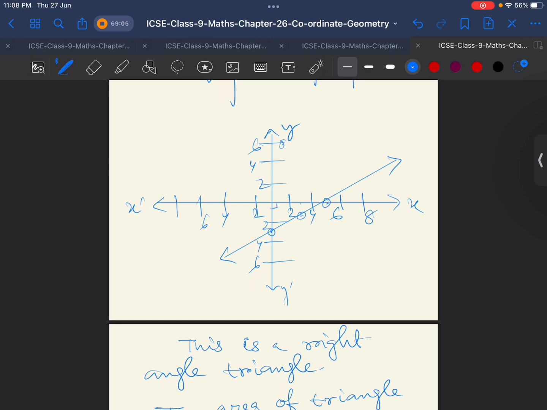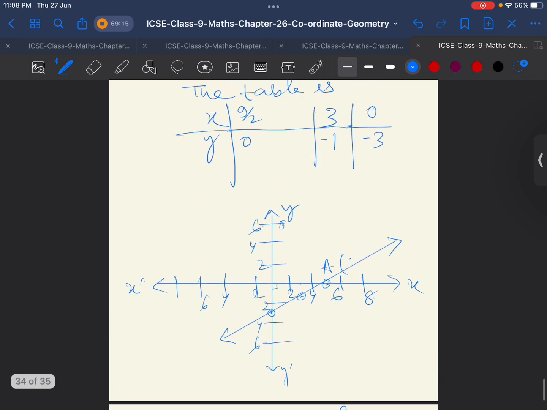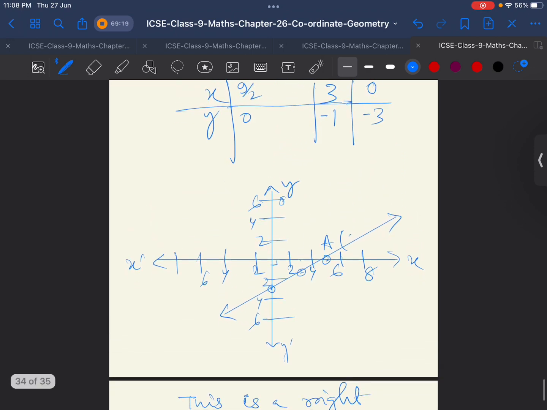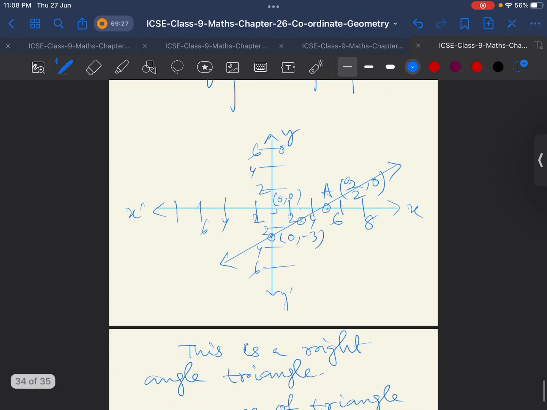Here the base: point A is 9 by 2, 0, and this is the point 0, 0, and this is the point 0, minus 3.